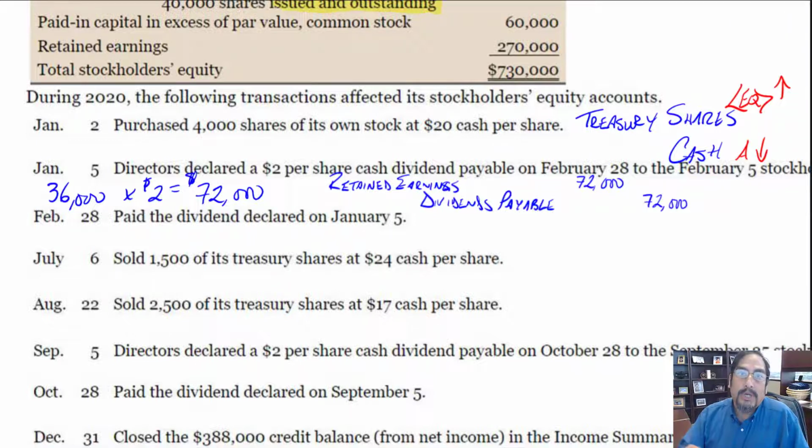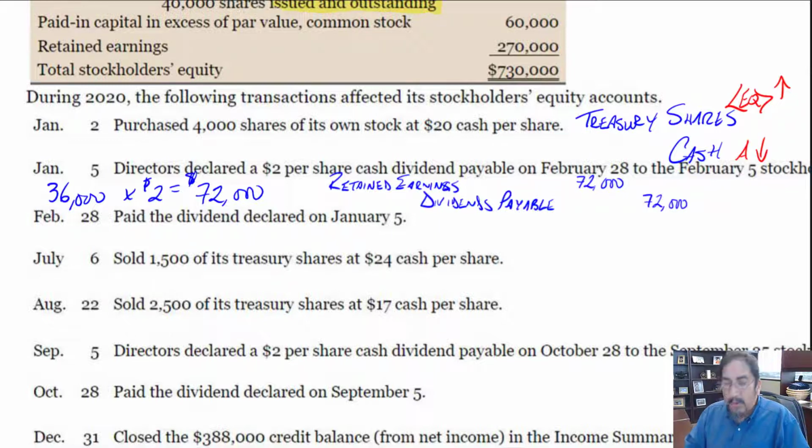So that first one shows the dividend declared, $72,000. It goes to dividends and then retained earnings. We're just going to retained earnings directly here. If we were going to declare and pay on the same day, then the credit would be cash, but we're not. So we're declaring today and we'll pay in the future.